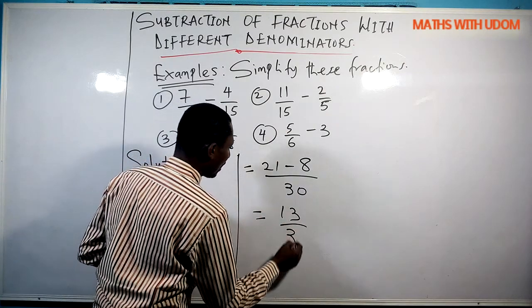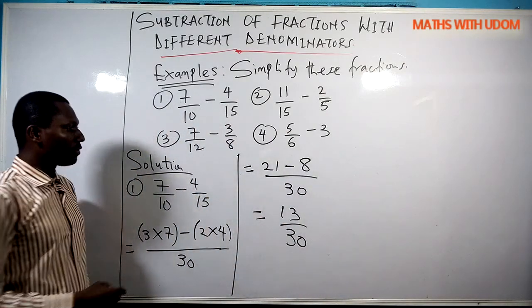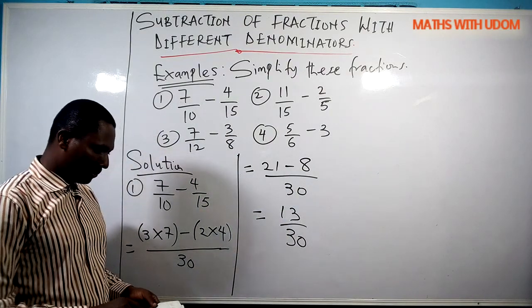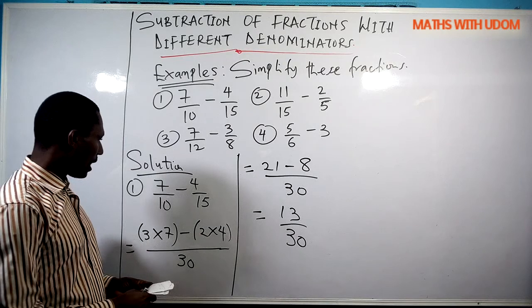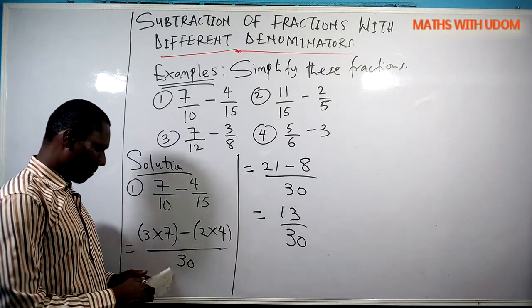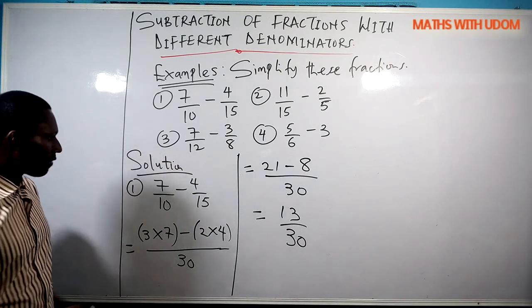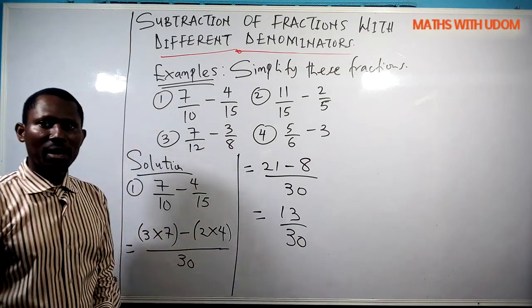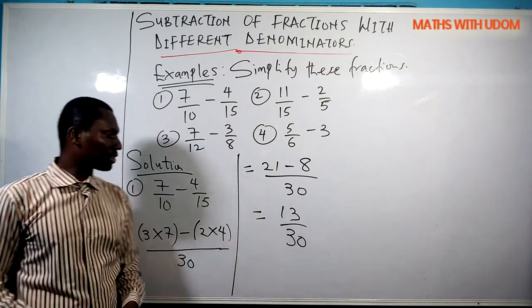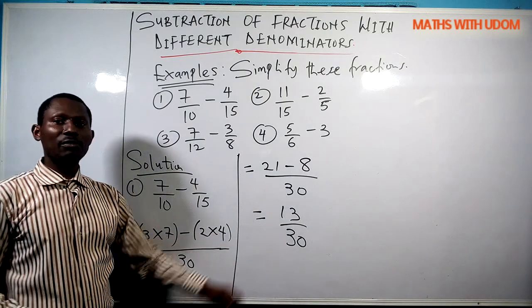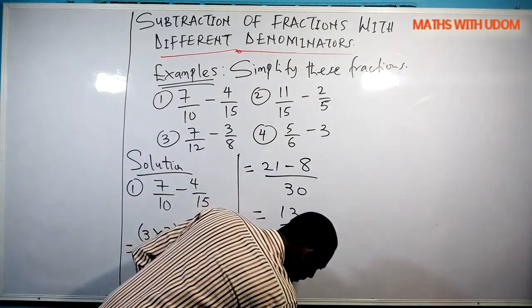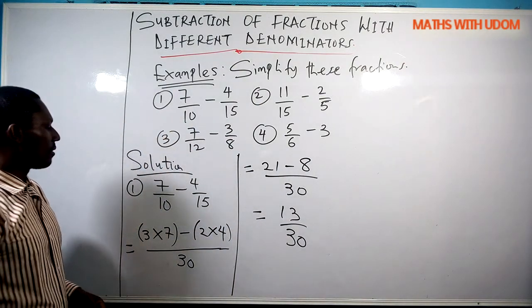So 13 divided by 30. If we check through this fraction, you will discover that our answer is a proper fraction. So you leave the answer the way it is.